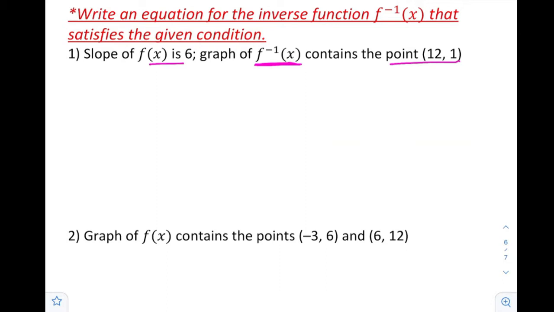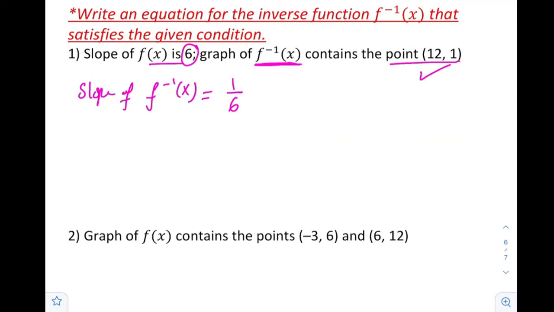What do I have? I only have a point. I need the slope. I don't have it, but I have the slope of the original function. If the original function has a slope of 6, then the slope of the inverse is 1 over 6, as we discussed in part 1 of the lesson.